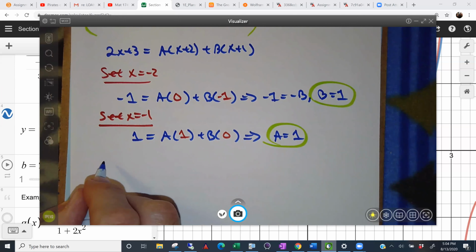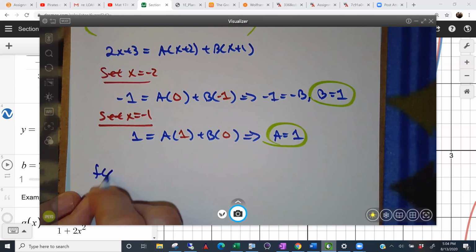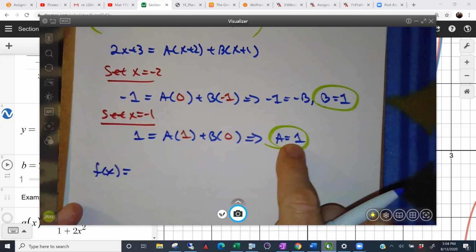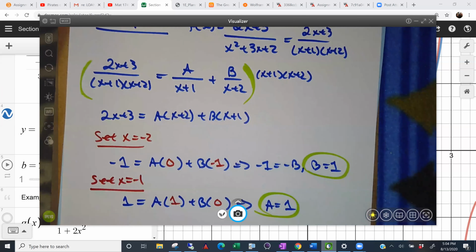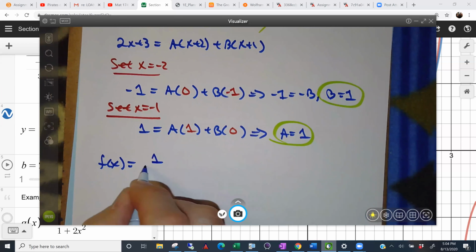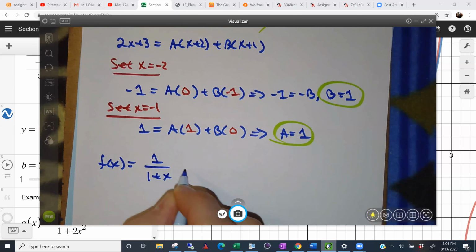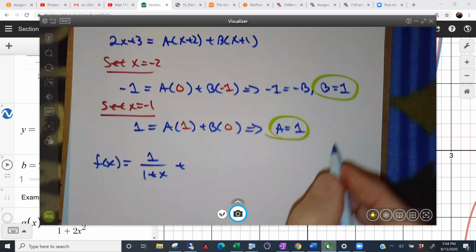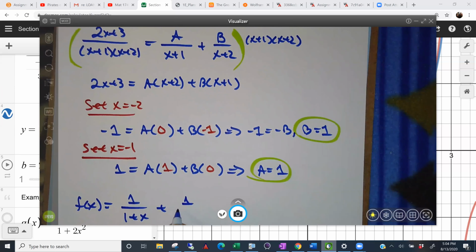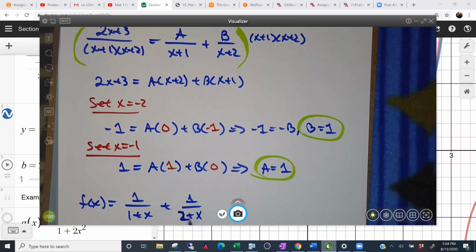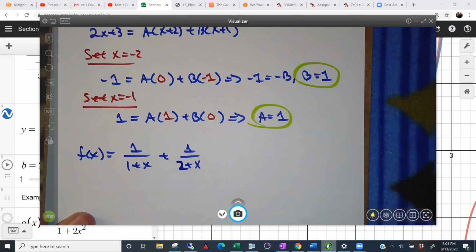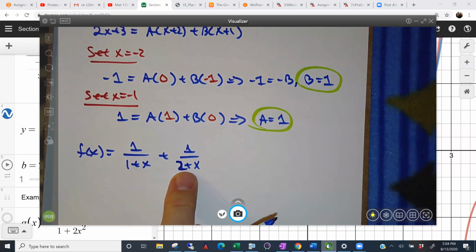That's going to be f of x equals a, which is 1 over x plus 1, plus b, which is also 1 over 2 plus x. So this one is not quite in the right form. Actually, neither of those is quite in the right form that we need.